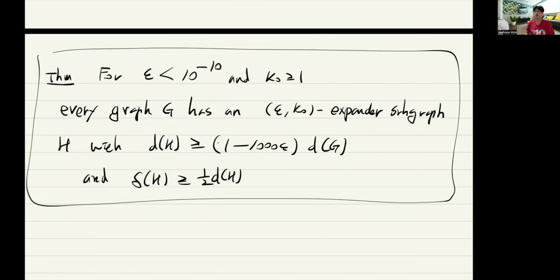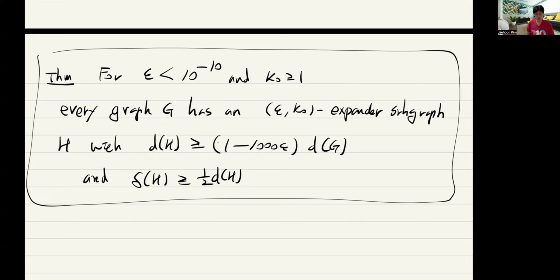So what does it say? Your graph might not be an expander in this sense, but it always contains a subgraph which is an expander. Moreover, that subgraph has almost the same average degree as G. So this is quite useful.